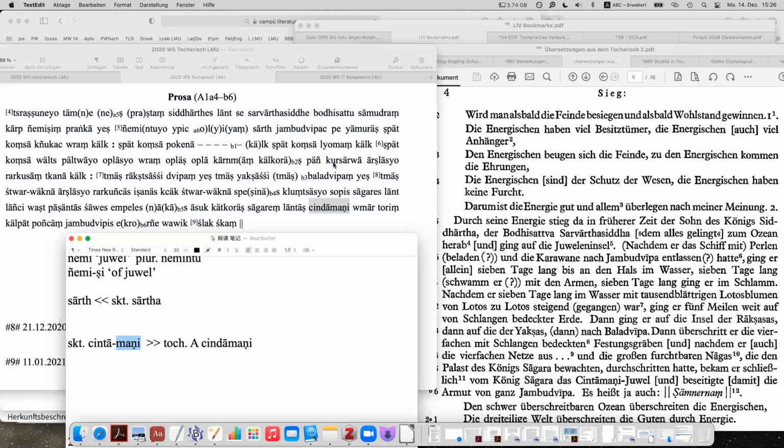So the Bodhisattva is of course quite, how do you say that, mitleidig. He's quite sympathetic with the sufferings of all the people in the world. So he wants to get the Chintamani. He asked an old man, who is blind but knows the seaways.